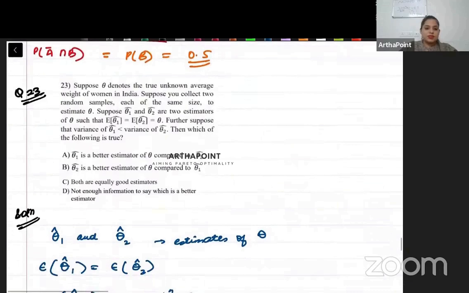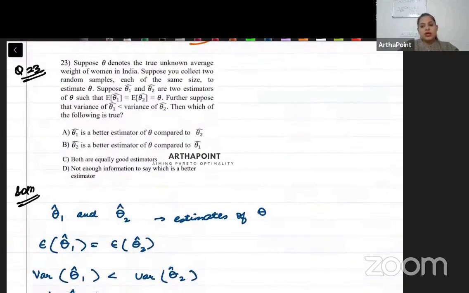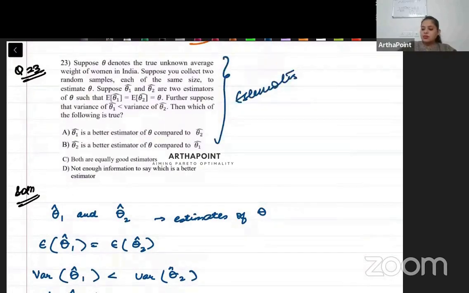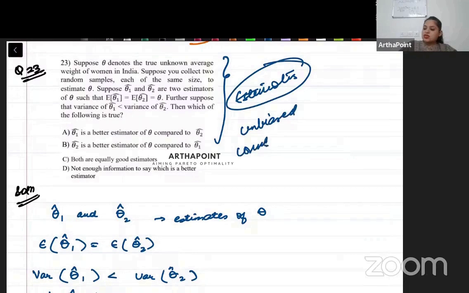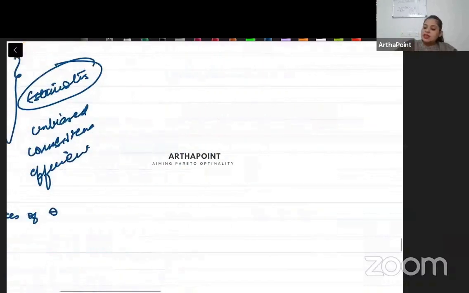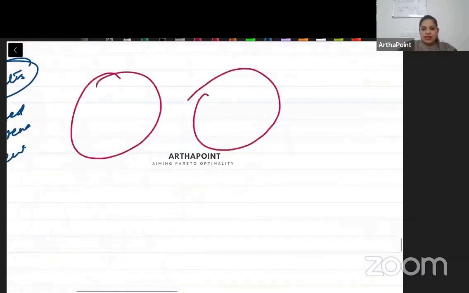Okay, come to the next question. This is using the properties of estimators. It should be unbiased, consistent, efficient. So just listen to me. If there are two estimators of the population mean, say my population mean is mu. The first sample mean is x1 bar, the second sample mean is x2 bar.